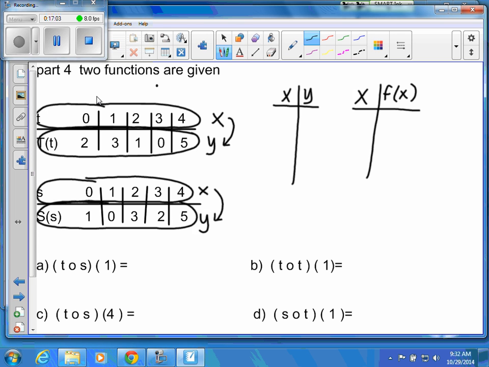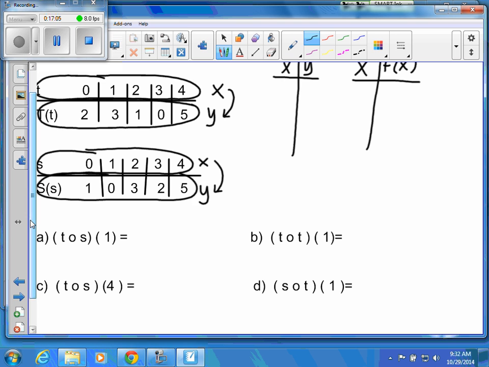Okay, ready to go? You got to listen really carefully and follow along. We're going to do t of s of 1. We're going to work from the inside out. We have no equations, we only have a chart. You're going to find s of 1.